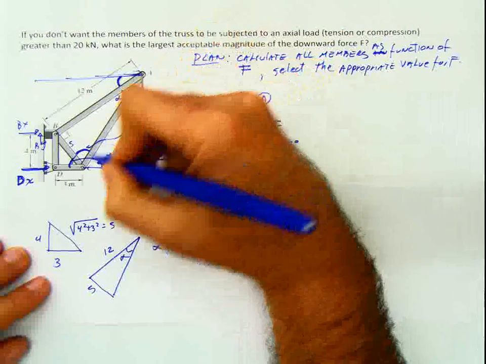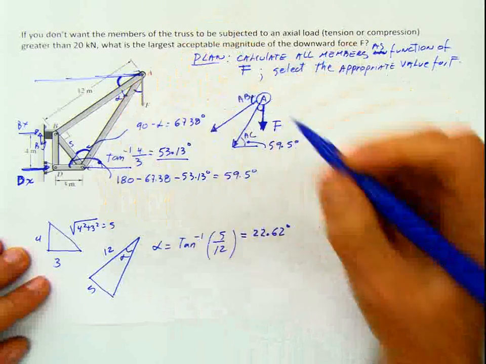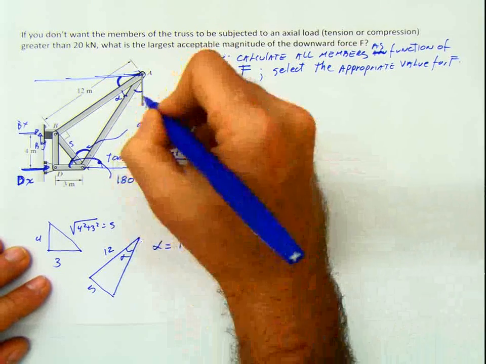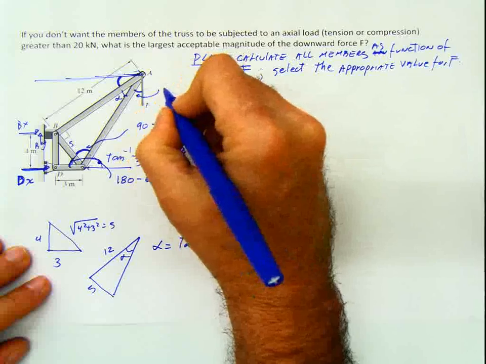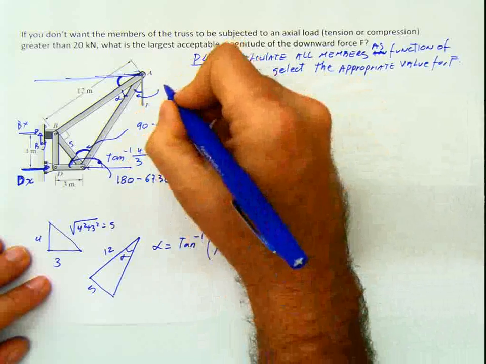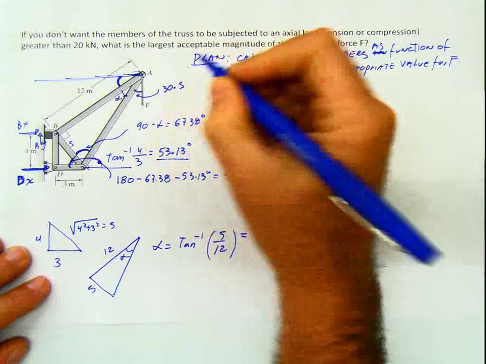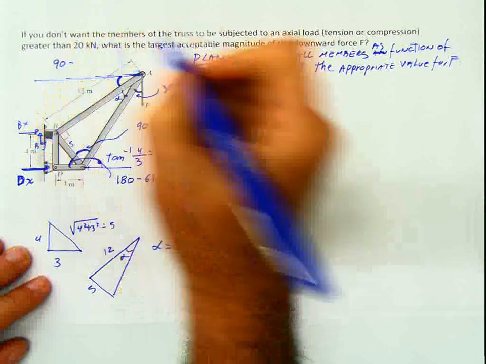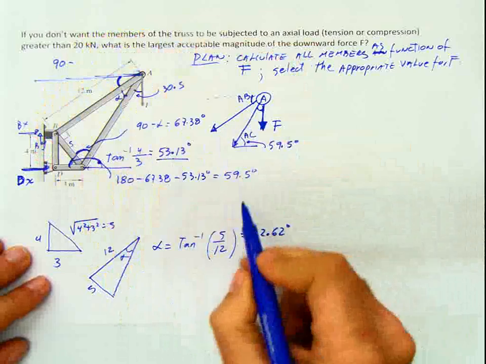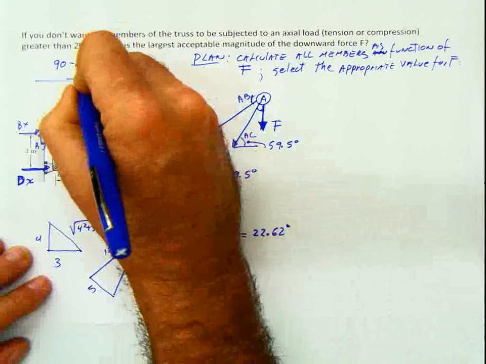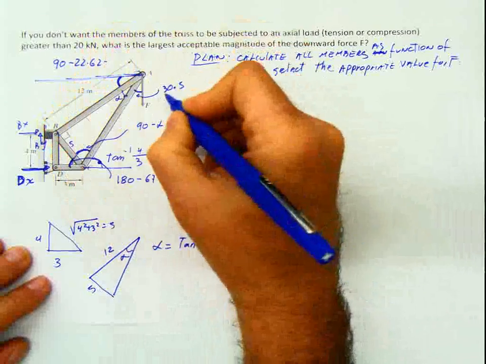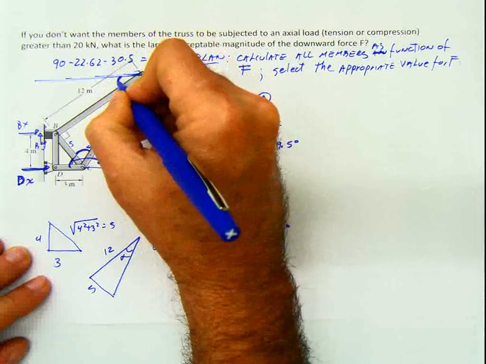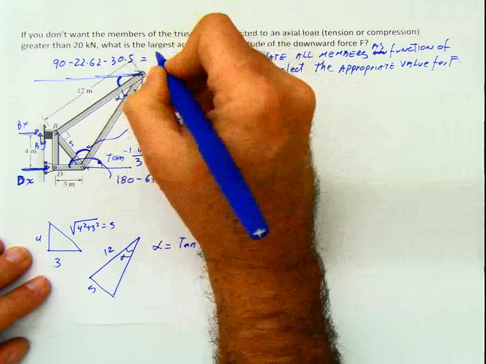Well, now I know it because I know this angle here. I just calculated that angle, which is this one. Meaning this angle here is going to be the complementary with this one, 30.5. And if this is 90 degrees, and I say 90 minus alpha, and alpha is 22.62 minus 30.5, it's going to give me this angle, which is 36.9 degrees.